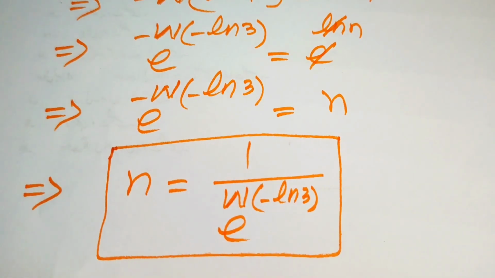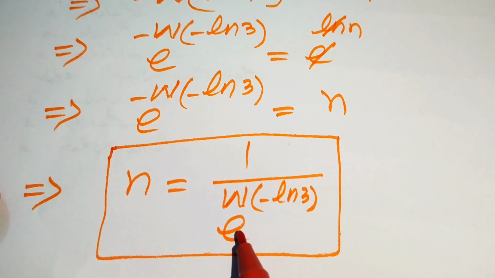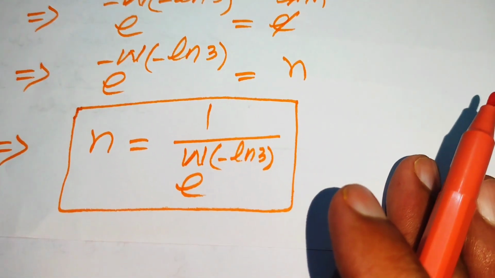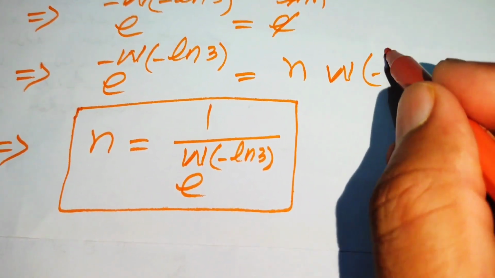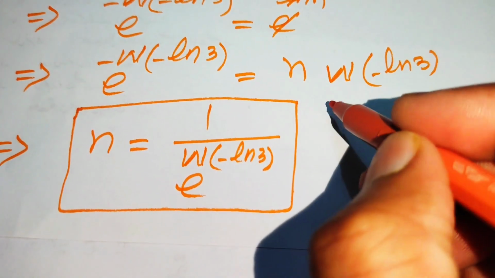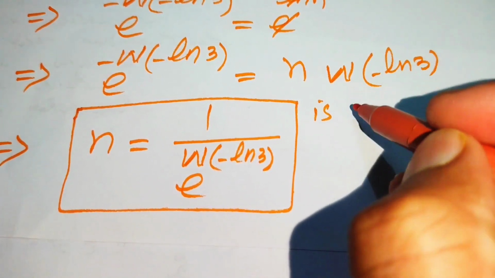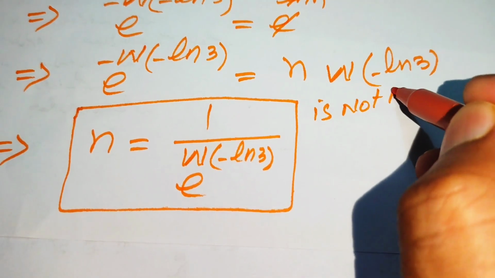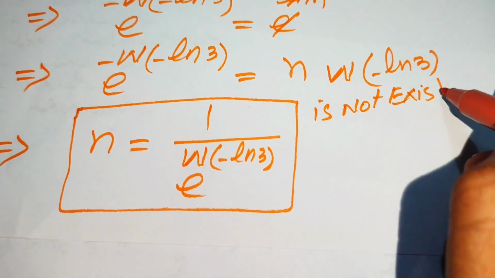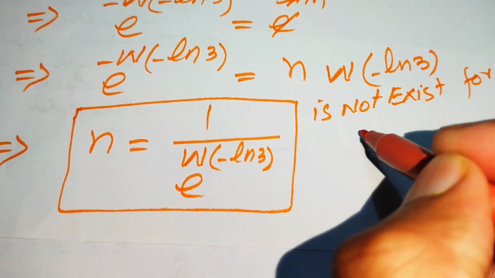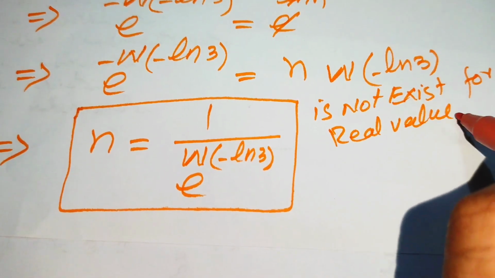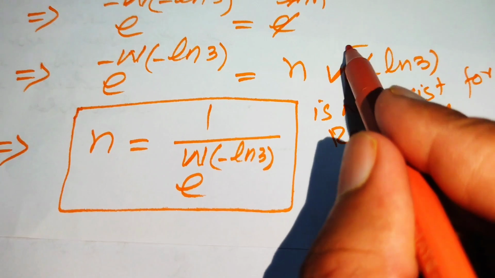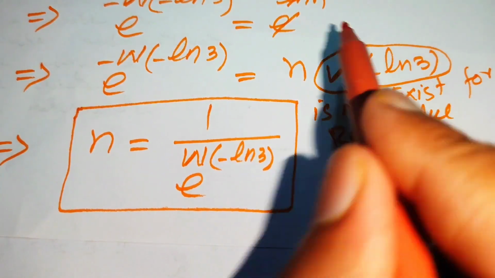Now focus on the exponent of e. Our exponent of e is W of minus log 3, which does not exist for real values. This Lambert W function cannot exist for real values.